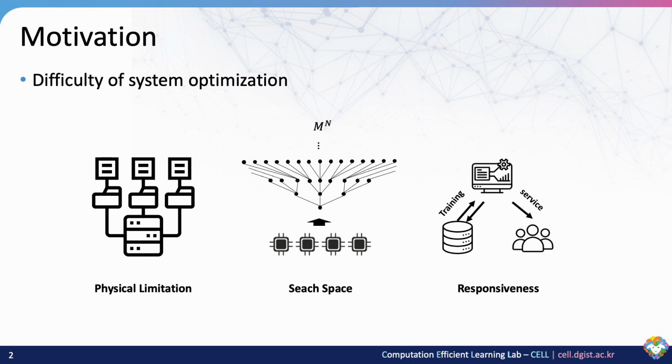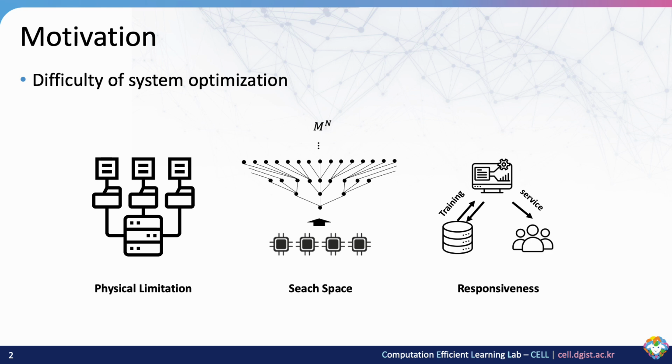First, data collection constraints. Physical systems often impose strict limitations on sampling rates or introduce considerable overhead. Second, vast configuration spaces. Heterogeneity and scale in modern environments lead to enormous configuration spaces, rendering exhaustive searches impractical.